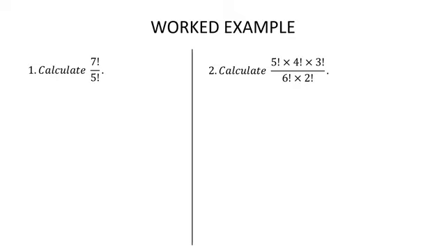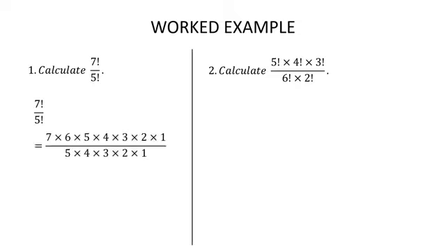Now we look at some worked examples. How to calculate 7 factorial divided by 5 factorial. Like this, 7 factorial over 5 factorial. We open the factorials, they become like this, and 5 factorial becomes like this.